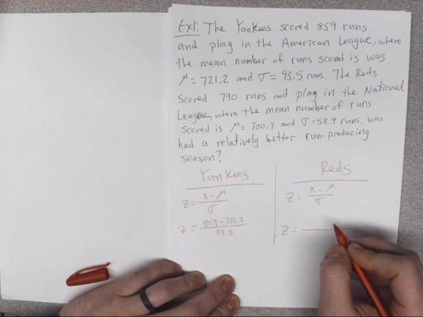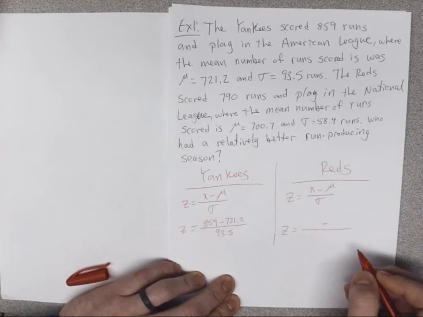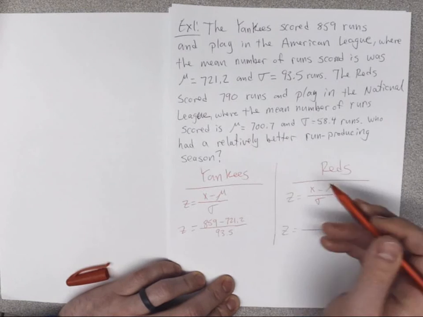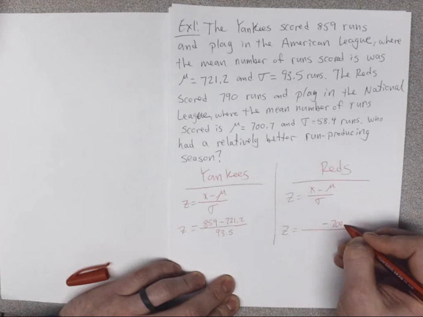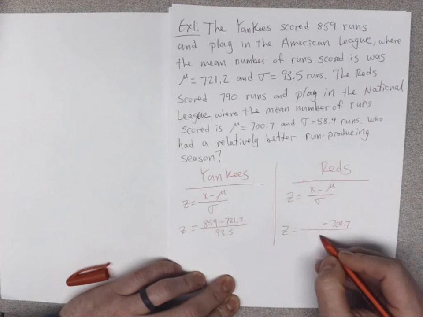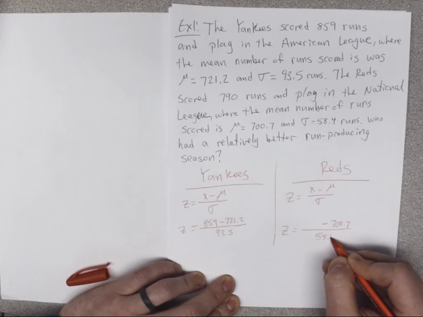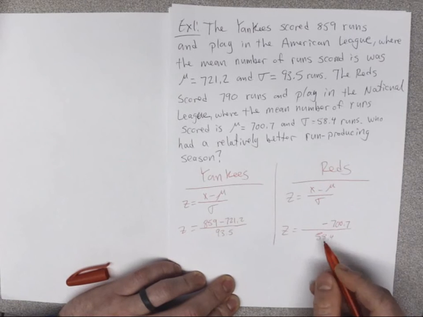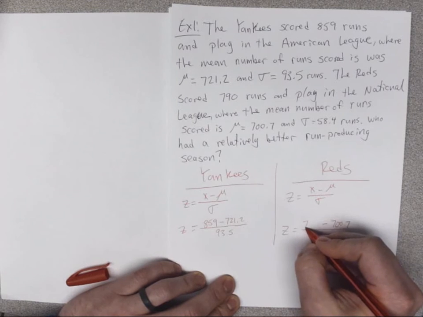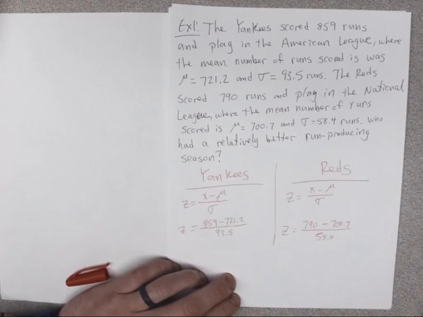You know there's a division line, and then there will be a minus sign here. The mean of the Reds League was 700.7. The standard deviation of that league was 58.4. All right, and then the only thing left over is how many runs the Reds scored. That's the only data observation we're looking at, or data point.